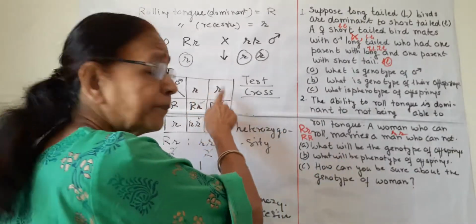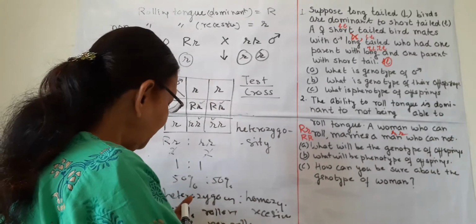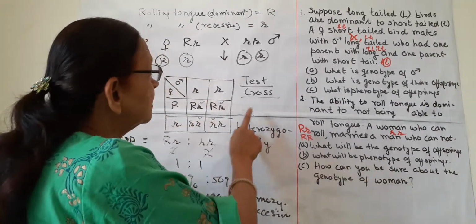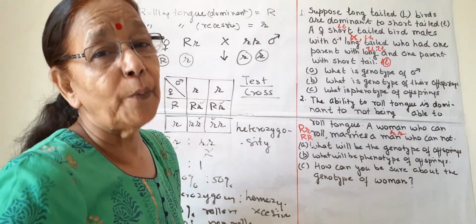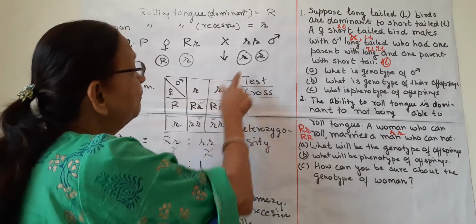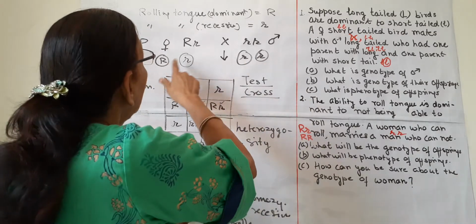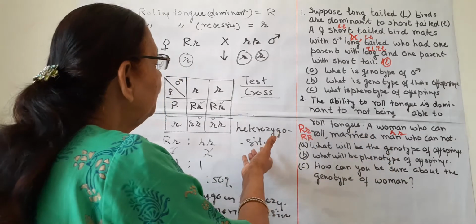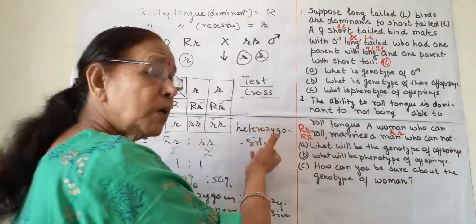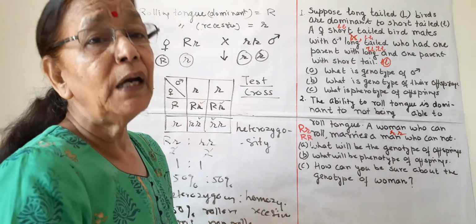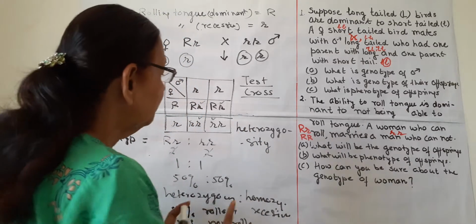One should be recessive. And if the phenotype is all is to 0, then we will say this is homozygous dominant. So in this way, these type of crosses where one parent is recessive, other may be heterozygous or homozygous dominant, we call them test cross because we are testing the heterozygosity of the parent. So the ratio is 1:1.